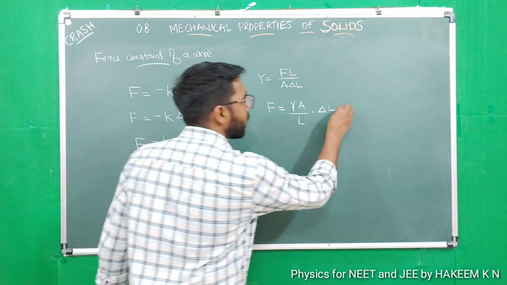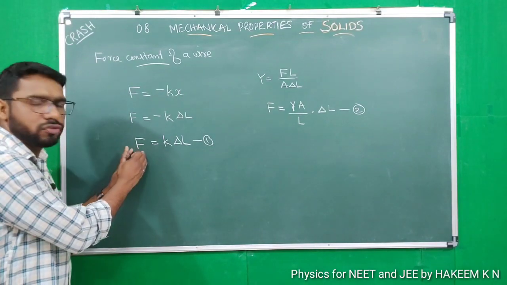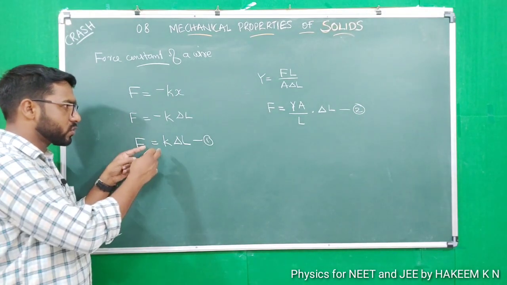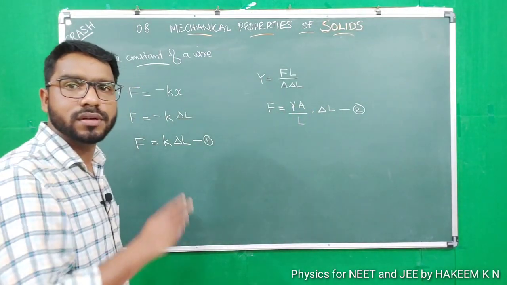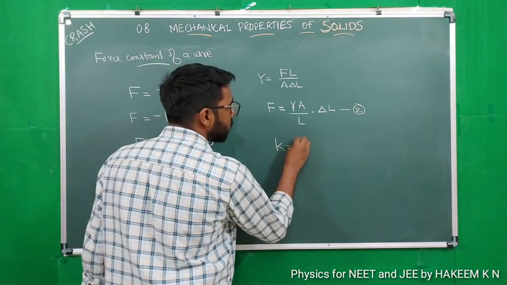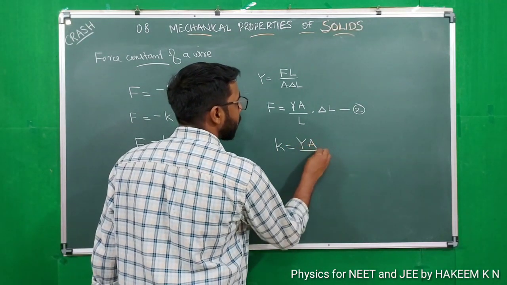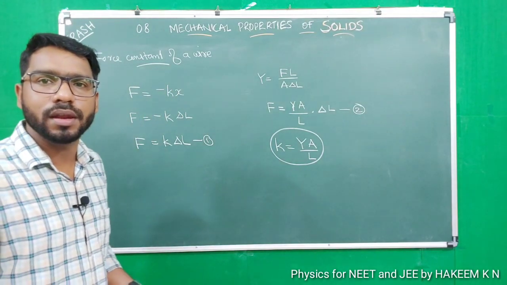So when we compare these two equations, equation number 1 and equation number 2, where we took the magnitude only, we can see that instead of K, we have YA by L. This K is called the force constant of a wire. K equals YA by L.